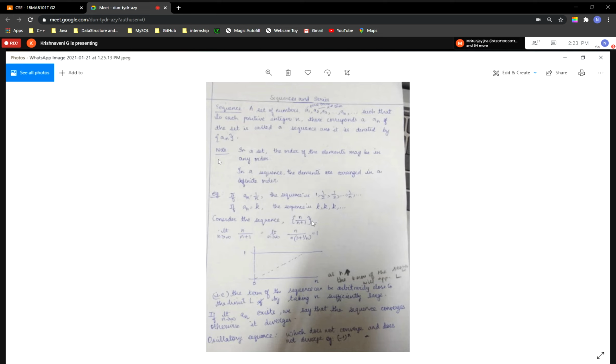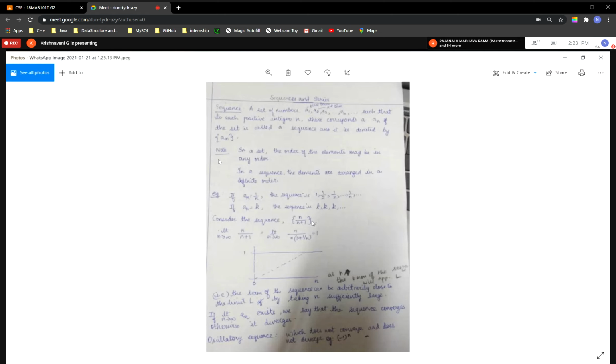Okay, see the diagram: plot n, the dotted line is close to the limit. The terms of the sequence can be arbitrarily close to the limit L by taking n sufficiently large. Okay guys, understood?